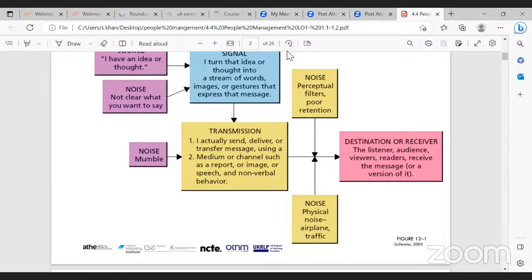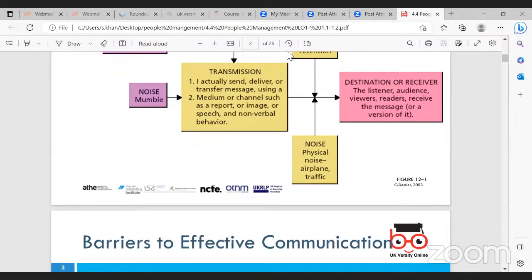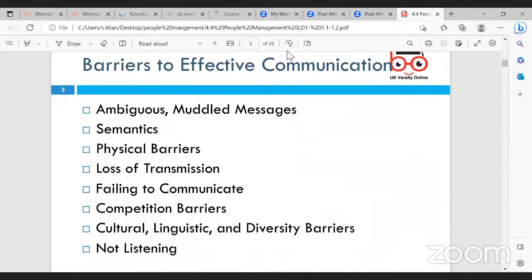Now, when we look at the communication process, sometimes there are issues with it, and there are barriers to communication, which is the next slide, looking at different types of barriers to effective communication.